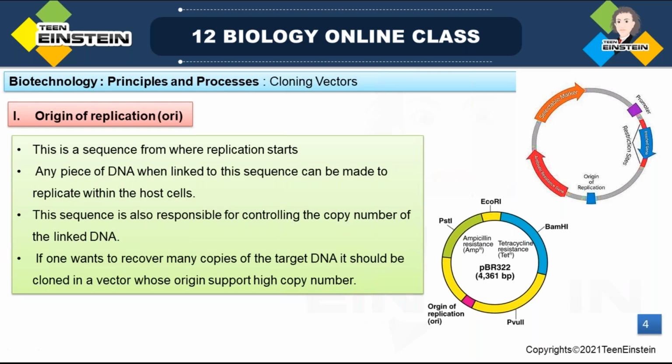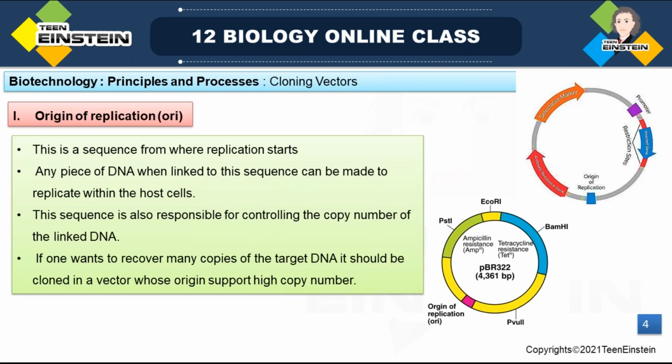So scientists, if they want a high copy number, have to select a vector which supports high copy number. This origin of replication sequence is controlling the copy number.